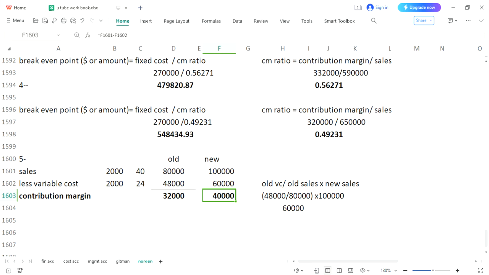So what will be the total difference? Here you can see 40,000 is new and old contribution margin 32,000. It means net change would be $8,000.